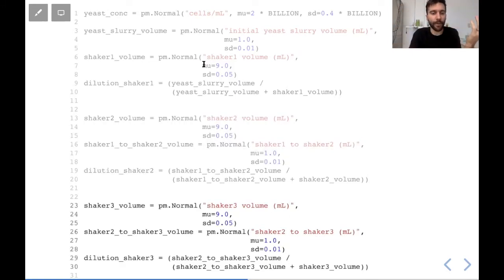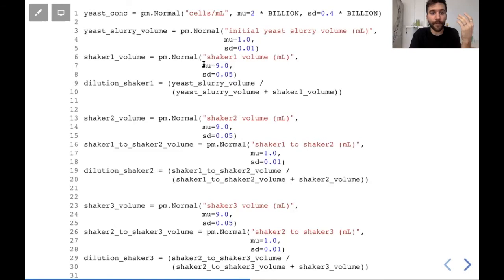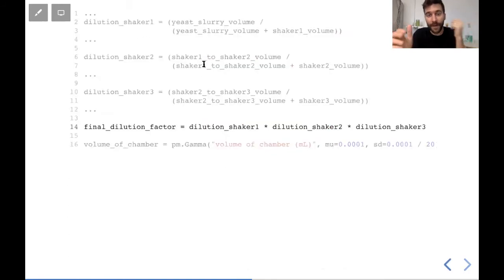And I end up with a final dilution factor, which is just the multiplication of each of those dilutions. So again, on average, it should be 1 over 10 times 1 over 10 times 1 over 10. But because of the uncertainty and the measurement errors, there's going to be some error there. And interestingly, that error is multiplied.